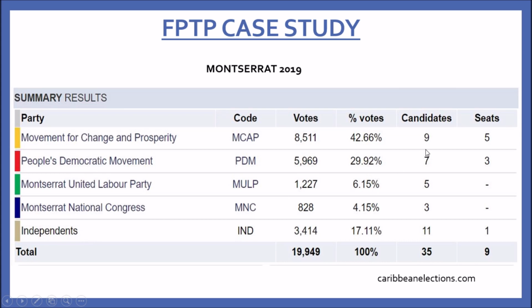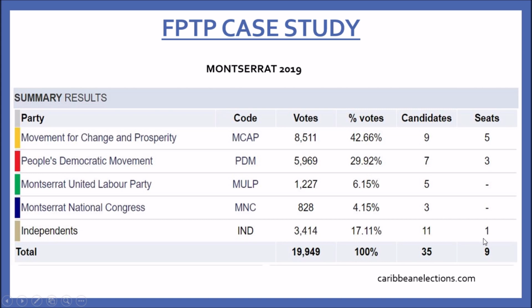You will notice that the MCAP won the election with 5 seats. They fielded 9 candidates. The PDM formed the opposition because they only won 3 seats after fielding 7 candidates. You will notice also that the MULP and the MNC each fielded 5 and 3 candidates respectively, but they won no seats. The independents fielded 11 candidates and won 1 seat.